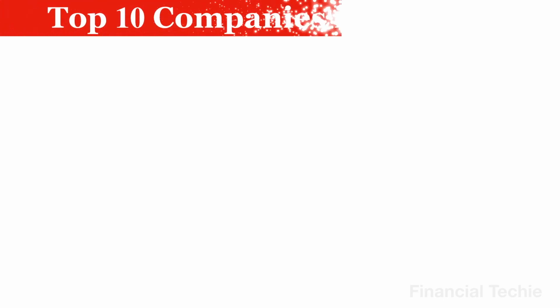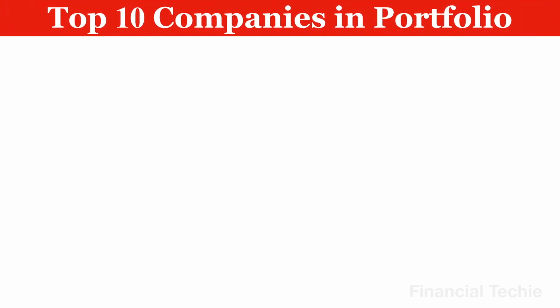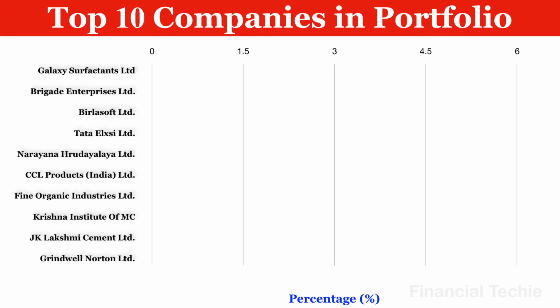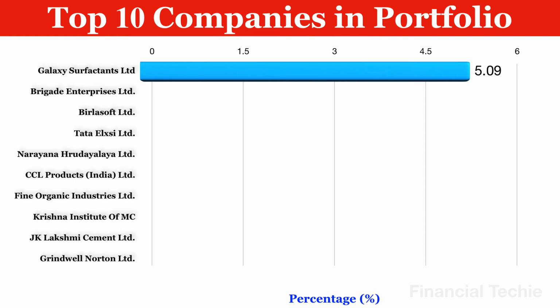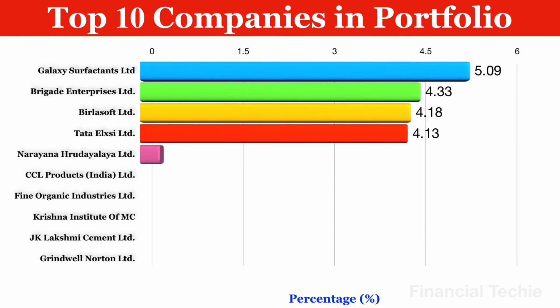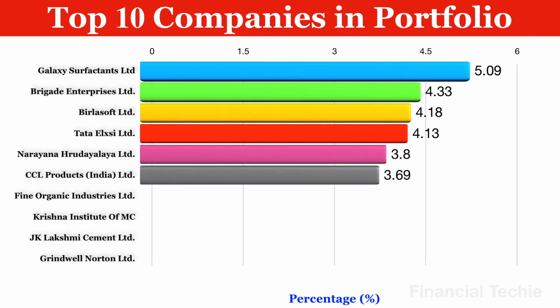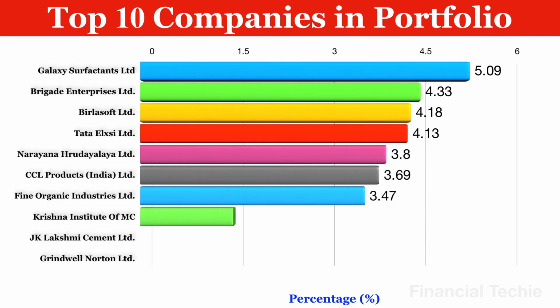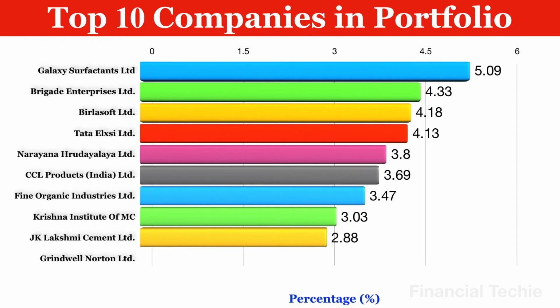In this section, we will understand the top 10 companies in the portfolio of Axis Small Cap Mutual Fund. The companies which are in the top include Galaxy Surfactants, Brigade, Birlasoft, Data Elixir. Most of these companies are going to be mid cap as well as small cap. Most of these companies have been small cap in the early days.